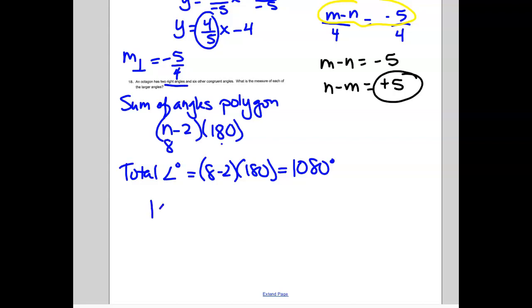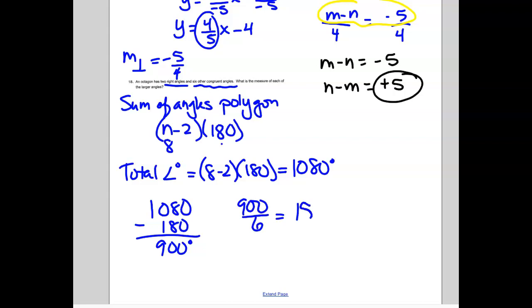So let's take off 2 right angles, which would be 180 degrees. That leaves me with 900 degrees. And it says that the other 6 angles are all congruent, so they're equal. So we just have to take that 900, split it equally into 6 pieces. That means each of those non-right angles is 150 degrees.